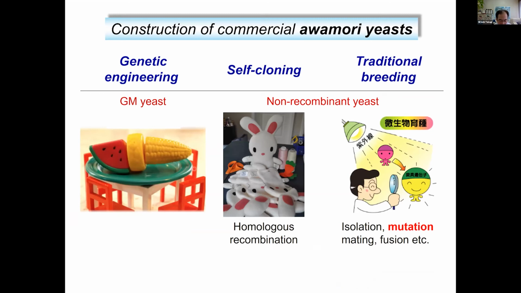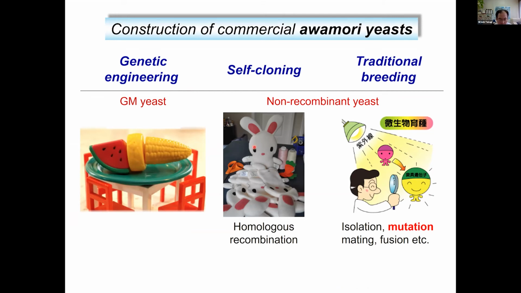So I will briefly show you how to construct the commercial awamori yeast. For the application of recombinant yeast, self-cloning yeast, which contains no foreign genes or sequences except for yeast DNA, is more acceptable for consumers than genetically modified yeast, GM yeast.